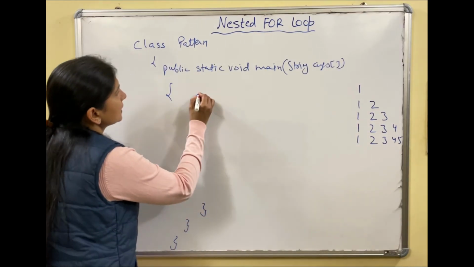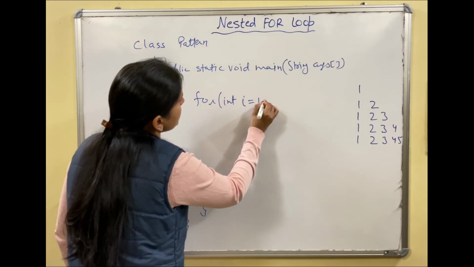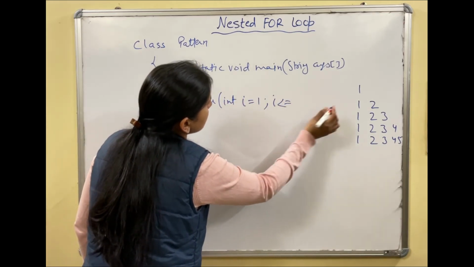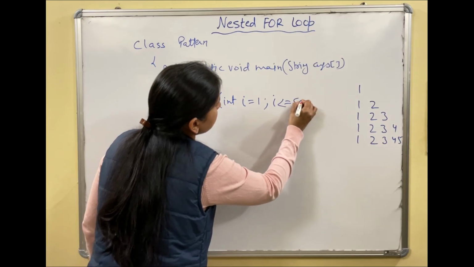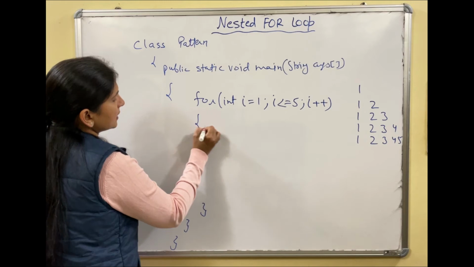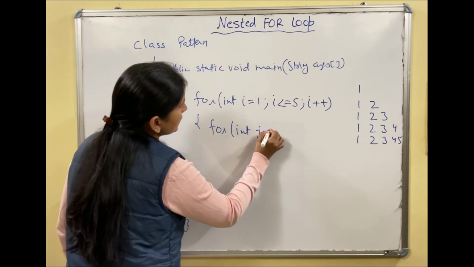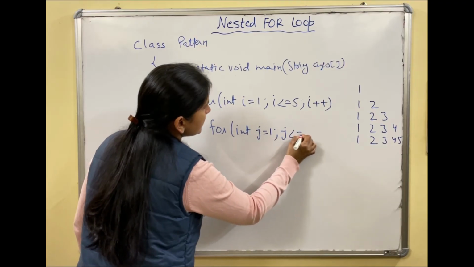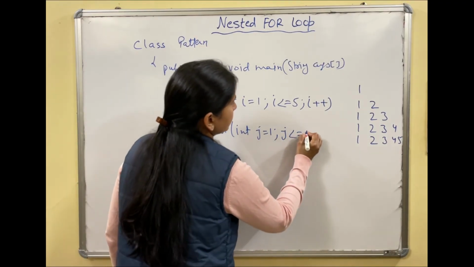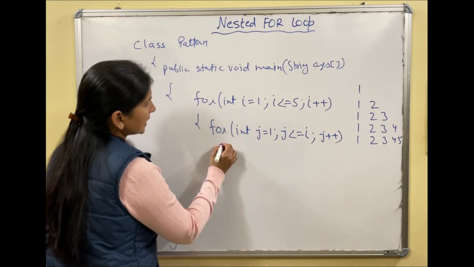So what shall I do here? For int i equals 1, i less than or equal to, how many rows are there? 5, i plus plus. Right? Then for the inner loop, int j equals 1, j less than or equal to i, j plus plus. What we have to display?